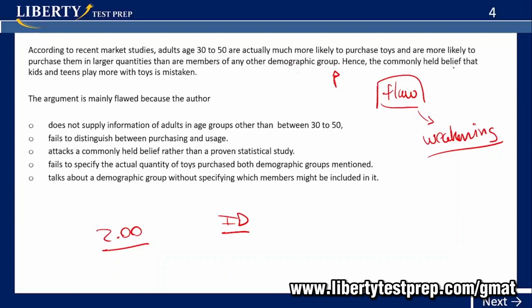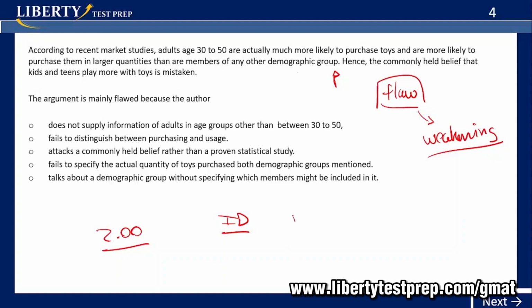Hence, the commonly held belief that kids and teens play more with toys is mistaken.